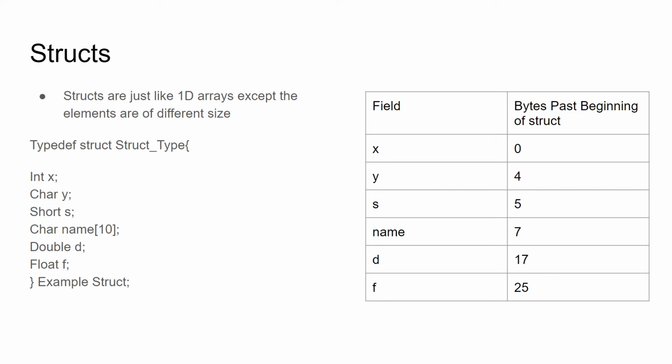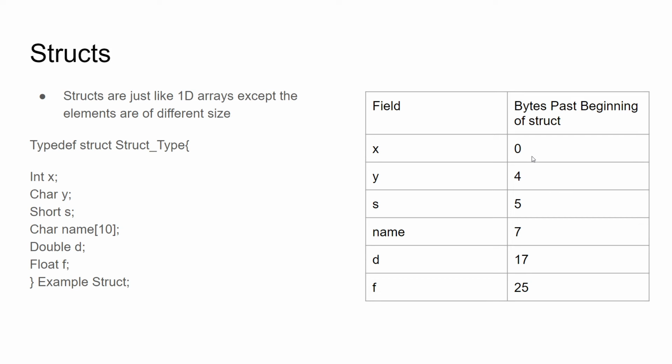So over here, how many bytes big is an integer, assuming a 32-bit machine? It's 4 bytes big, right? So here we have x. It's 0 bytes past the beginning of the struct. It starts right at the beginning.